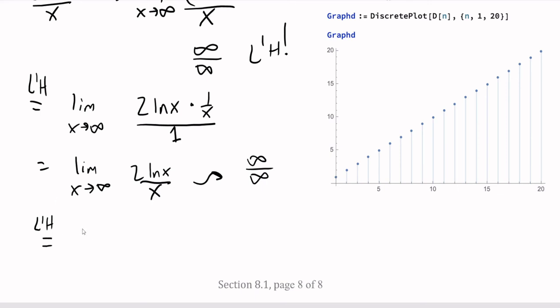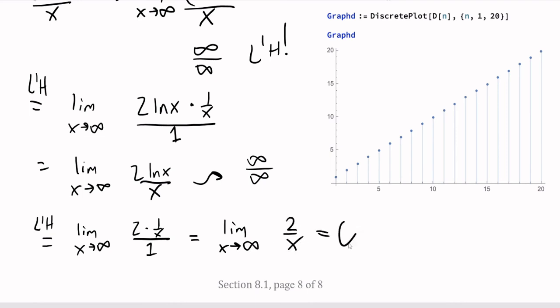I'm sure this was your favorite problem when you did this in Calc 1, double L'Hopital's. So you do this again. 2 times the derivative of natural log is 2 times 1 over x. The derivative of x is 1. That gives me the limit as x goes to infinity of what? 2 over x, which is 0.